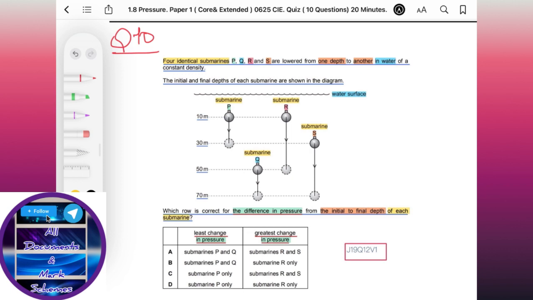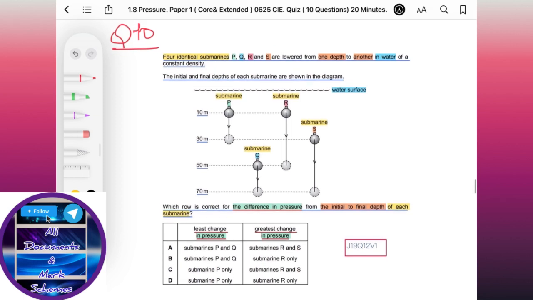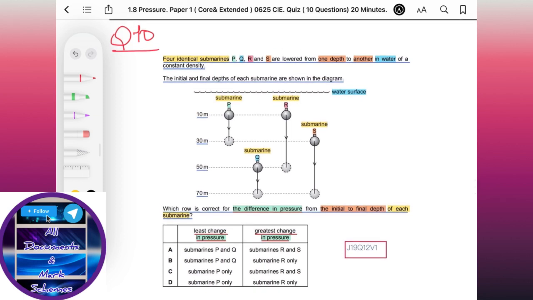The initial and final depth of each submarine are shown. Which row is correct for the difference in pressure? For extended candidates, pressure difference can be calculated using the equation rho g h. Here depth is changing, density is constant, so the greater the depth increase, the more the pressure difference.